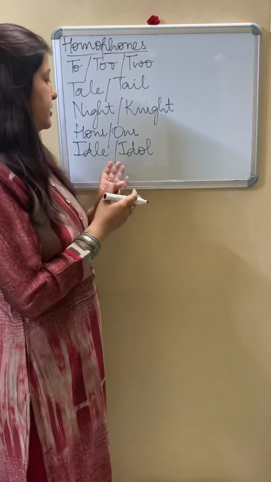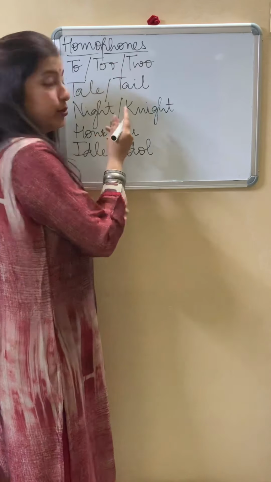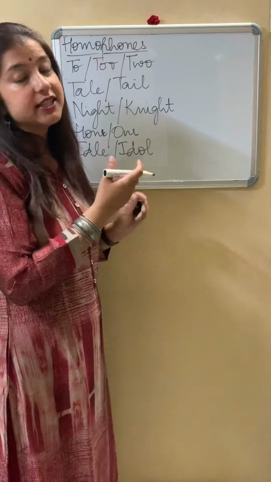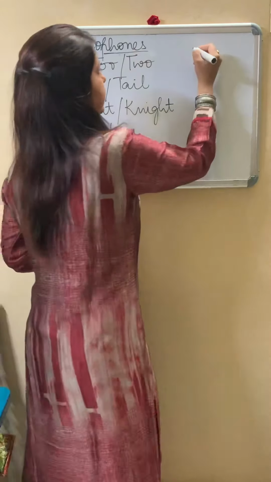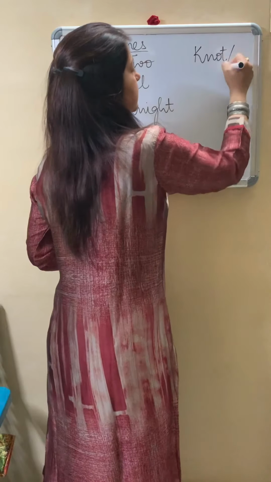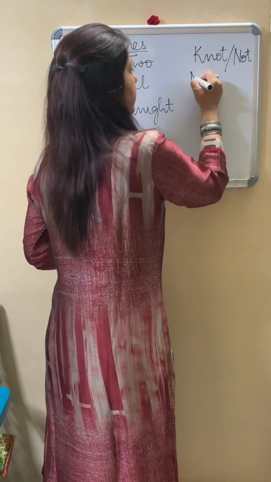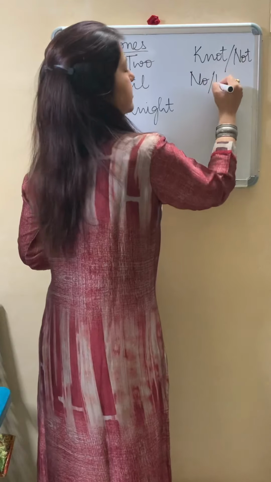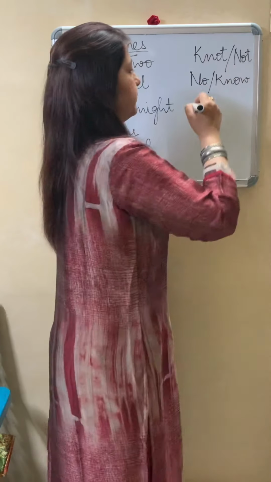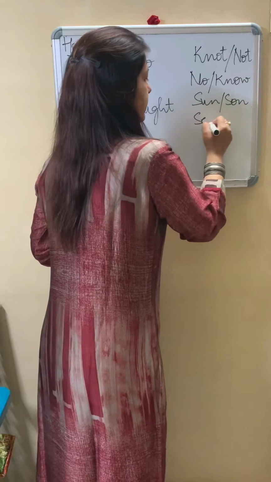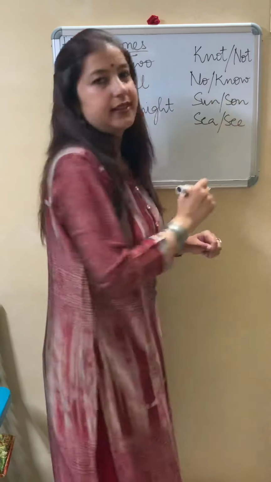So these all words, as you can see, I'm sure you all know the meanings of these words. Of course, the meanings are different, but they are pronounced in the same manner. Not and knot, then no and know, then sun and son, sea and see.